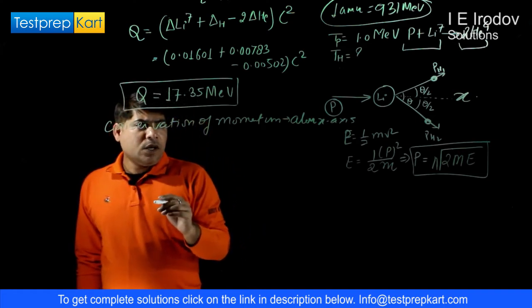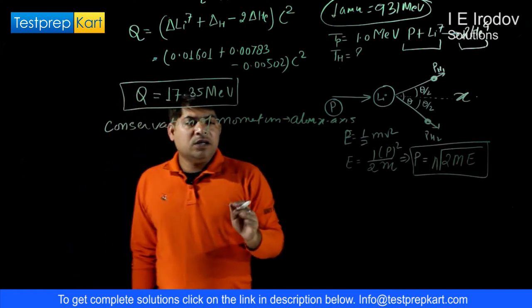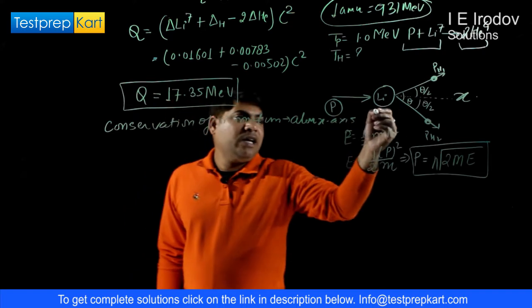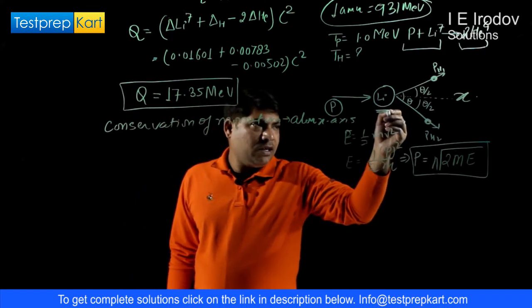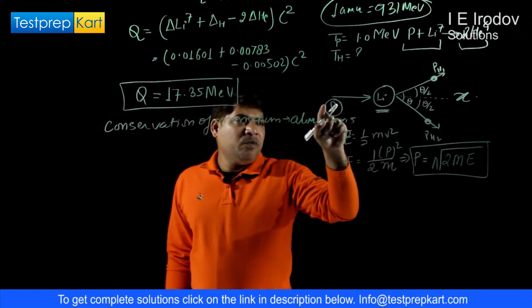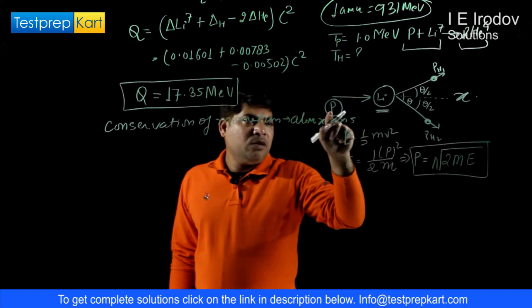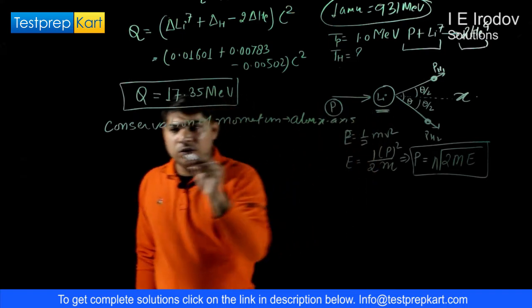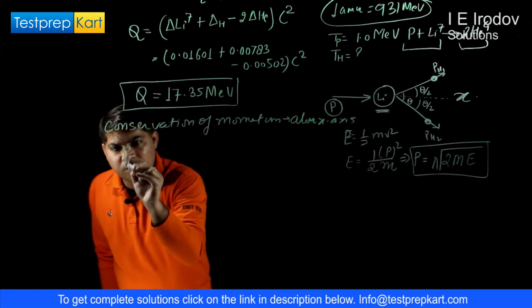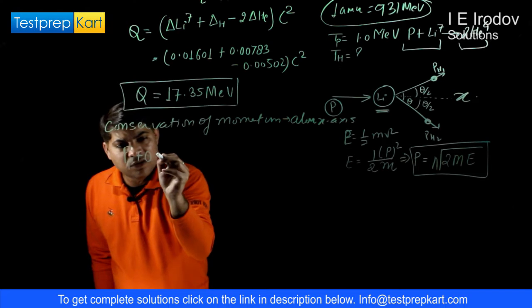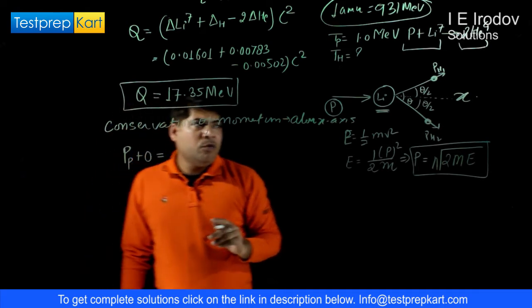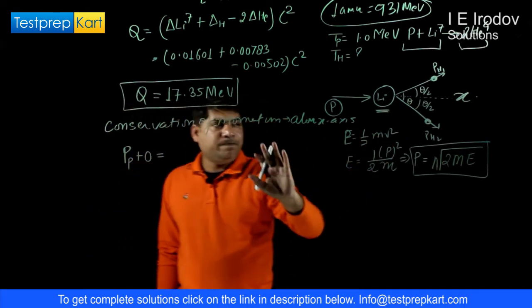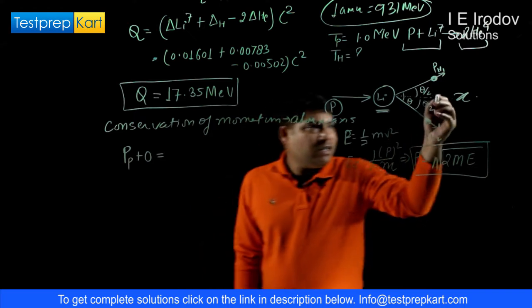The nucleus is stationary, so the momentum before collision would be the momentum of proton plus 0, which equals the momentum of the 2 alpha particles along this direction.